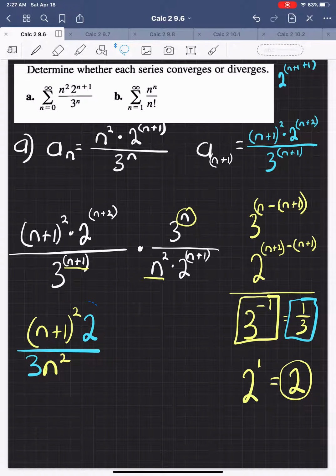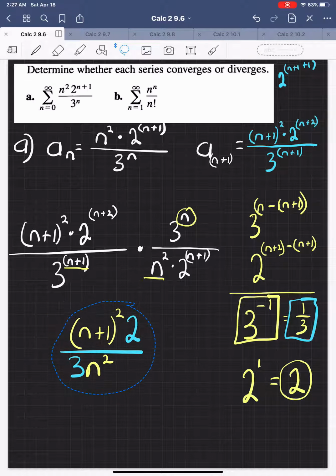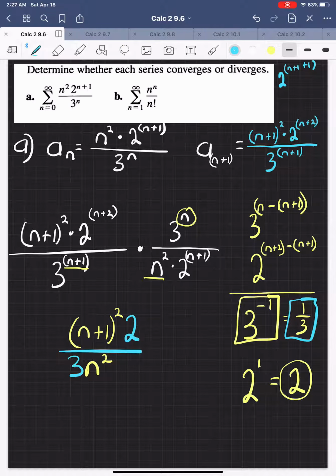So I'm with you, a little bit of work, but that's not bad. And now it's time to take the limit with n moving to infinity. So the best thing to do here, you're welcome to FOIL that out if that helps you.